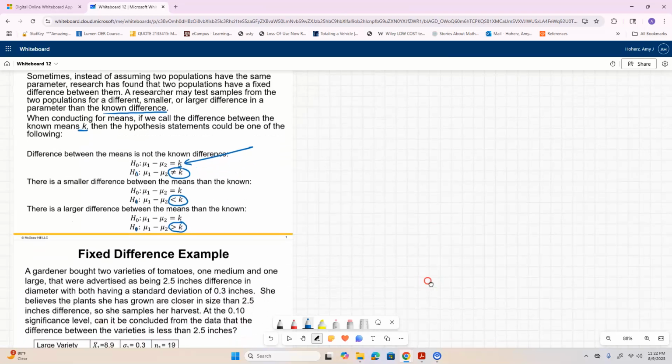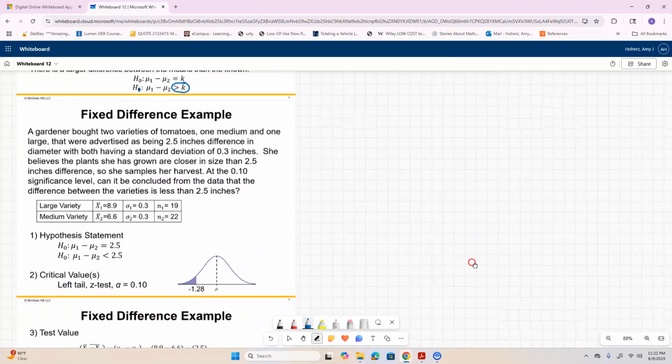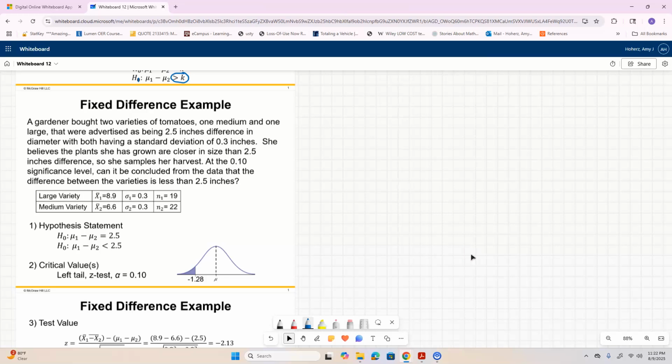So let's look at this with an example. In this example, a gardener bought 2 varieties of tomatoes.